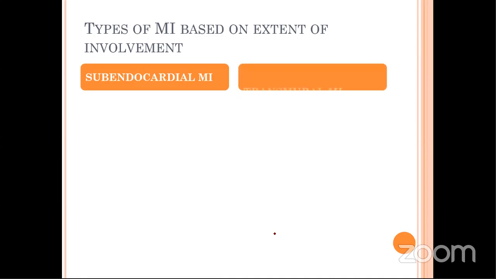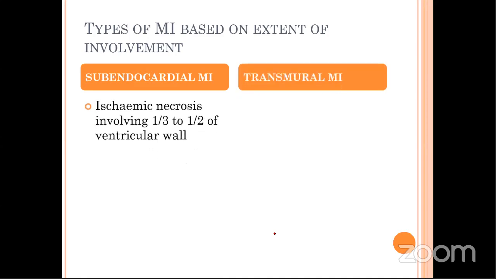Now, there are some types of myocardial infarct based on the extent of involvement. So based on the extent of involvement, there are two types basically, the subendocardial myocardial infarct and the transmural myocardial infarct. Now, if the necrosis is involving 1/3 to half of the ventricular wall, it is subendocardial myocardial infarct.